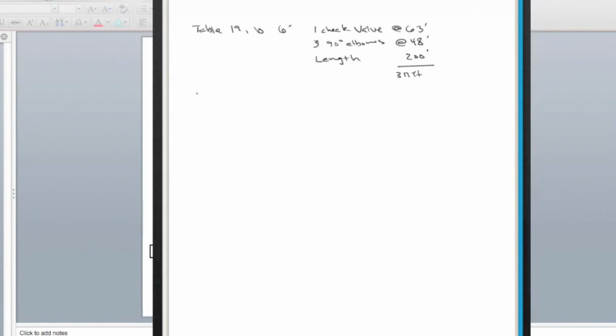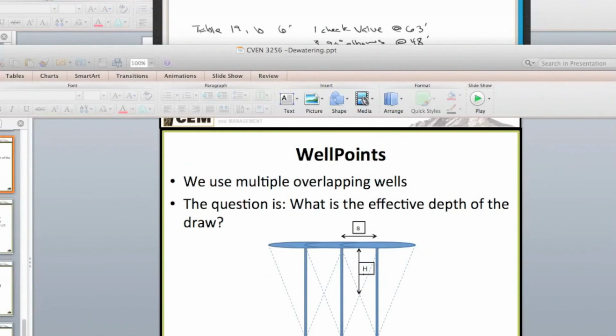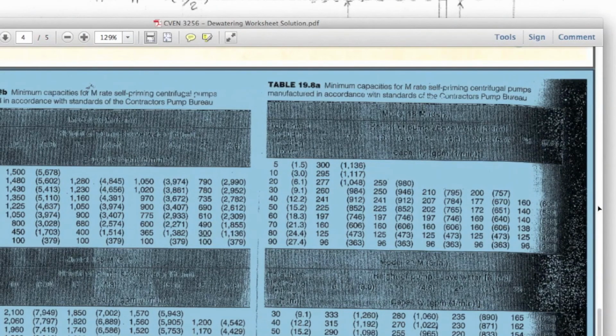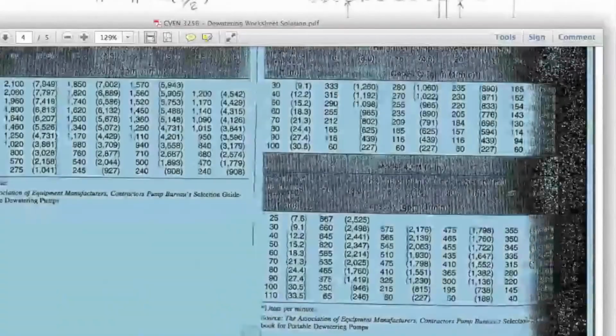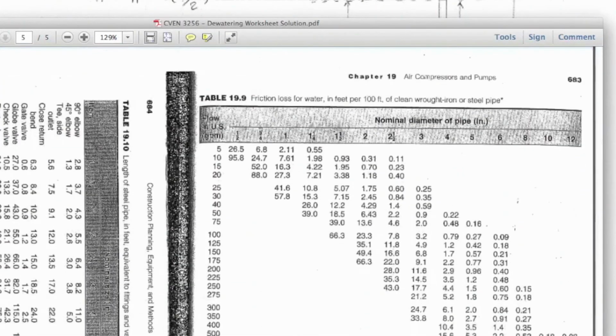Okay, so keeping that in mind, we now want to look at the friction loss per 100-foot length. And that's from table 19.9, which I think I can find here. Yep, right here.